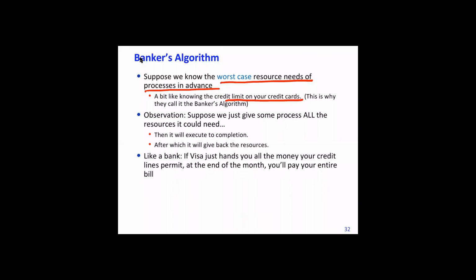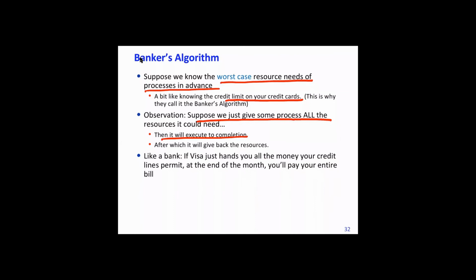Then suppose you give some process, or one process, all that it wants, such that it can execute to completion. Then the resources will come back and honor the requests of others. So just give it to the one whose job can be completed and you get the resources back.